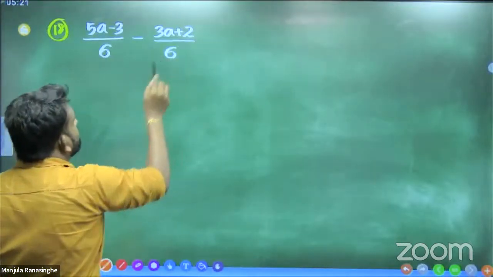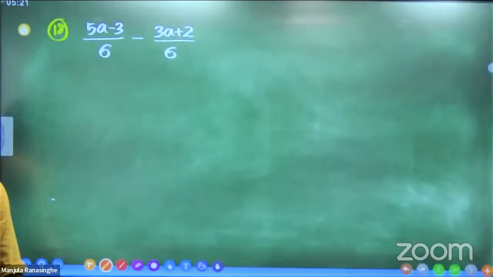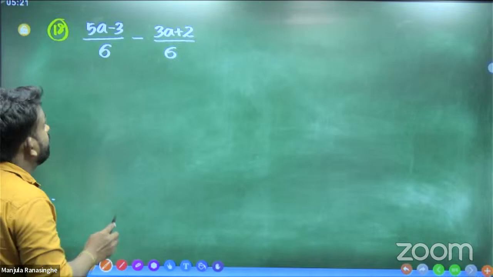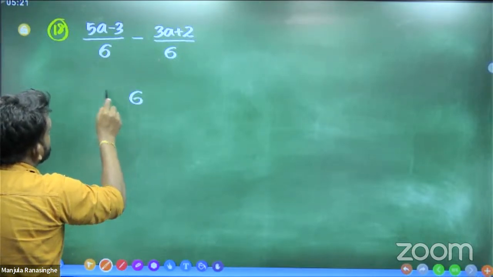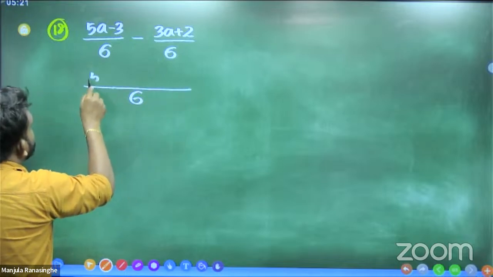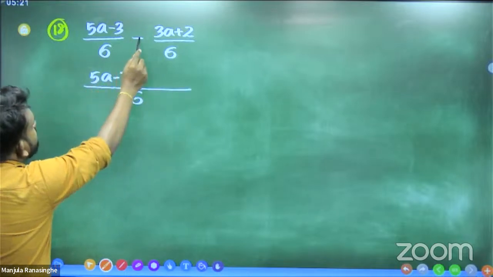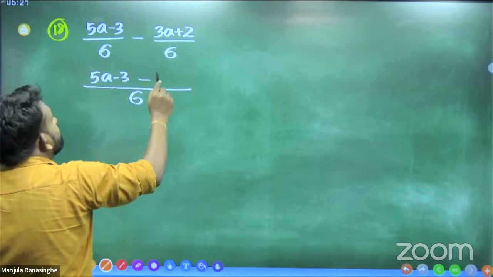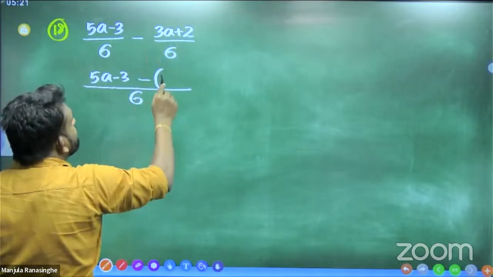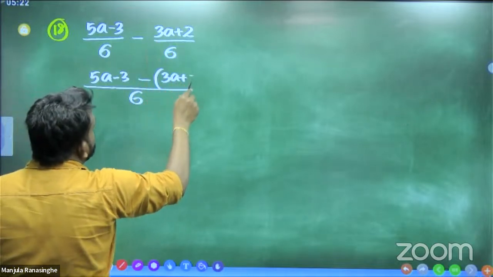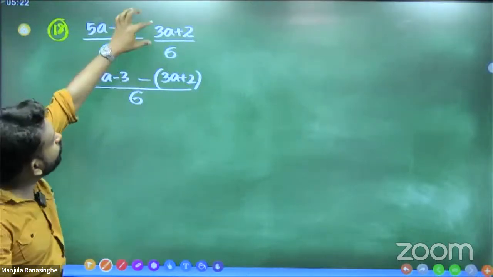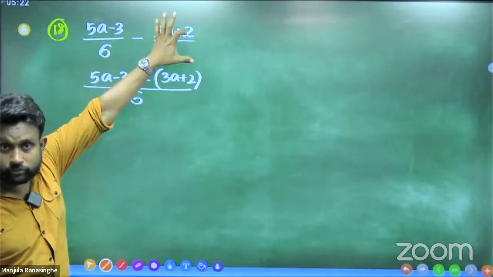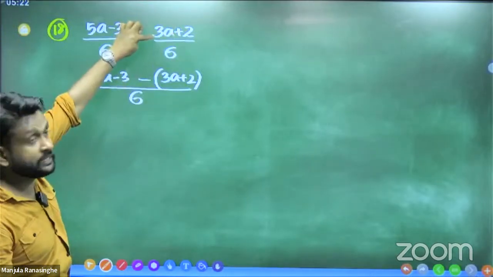Now the minus sign is there, so how to do that one? See carefully, 6 and 6 are equal. You keep the same denominator 6. 5a minus 3, better keep a bracket: minus, within the brackets 3a plus 2, because that minus sign belongs to both 3a and plus 2, not only to 3a.